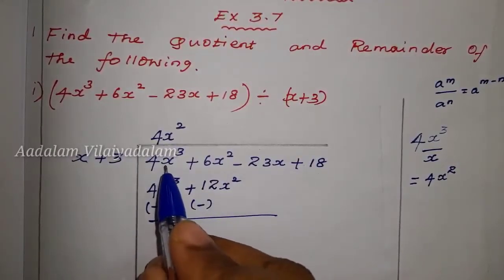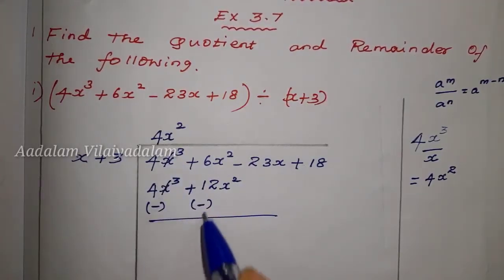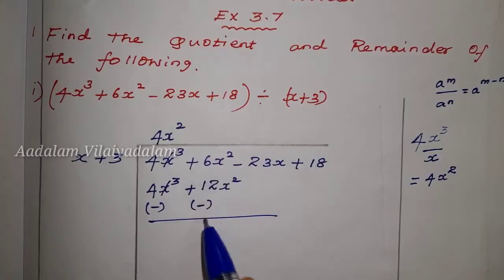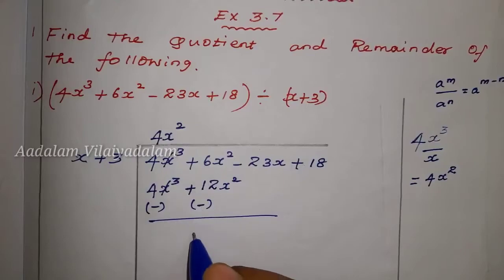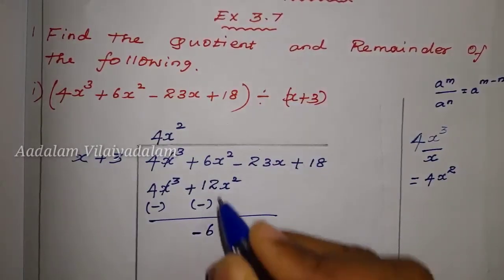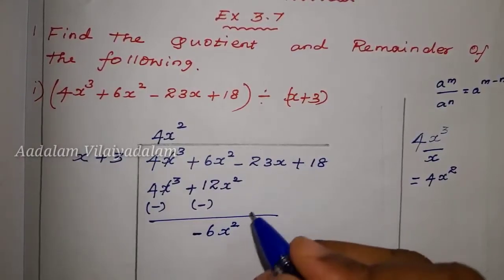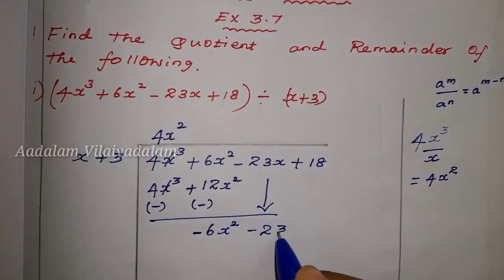Now the first term, plus 4x cube minus 4x cube, cancel. The second one, here the variable is plus 6x square, this one minus 12x square. So 6 minus 12, the answer is minus 6. The variable is x square. So next take the term minus 23x.